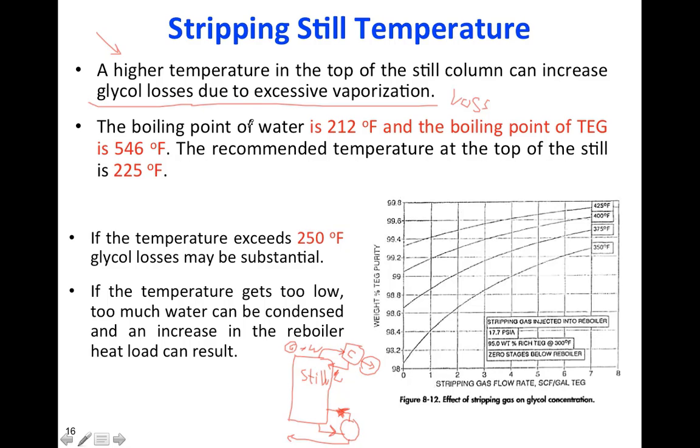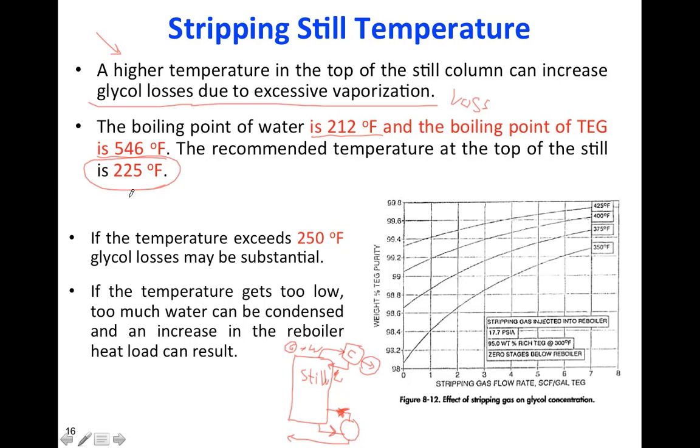Don't forget that the boiling point of water is 212 Fahrenheit. The boiling point of glycol, which we also show as TEG, triethylene glycol, is 546. The recommended temperature at the top of the column is 225, a little bit above the boiling point of water, to make sure we have water in the vapor phase.